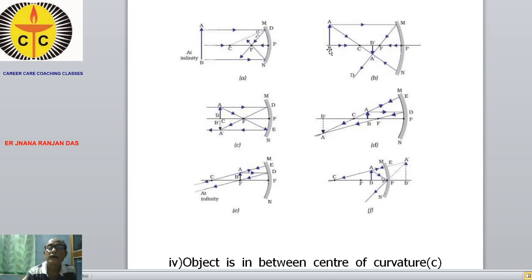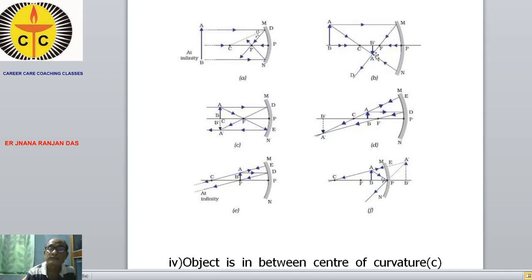Another incident ray falls at P, and another incident ray passing through the center of curvature falls at the point and returns along the same path.